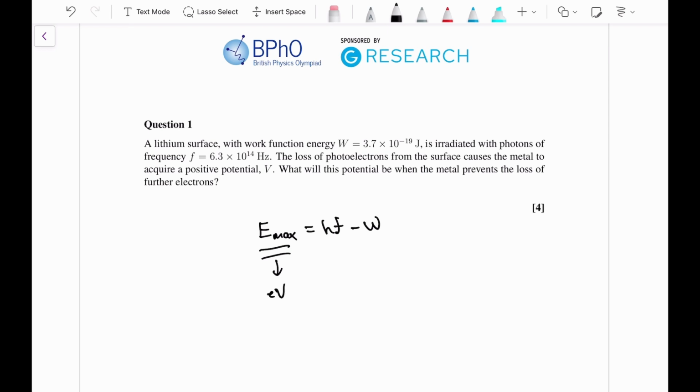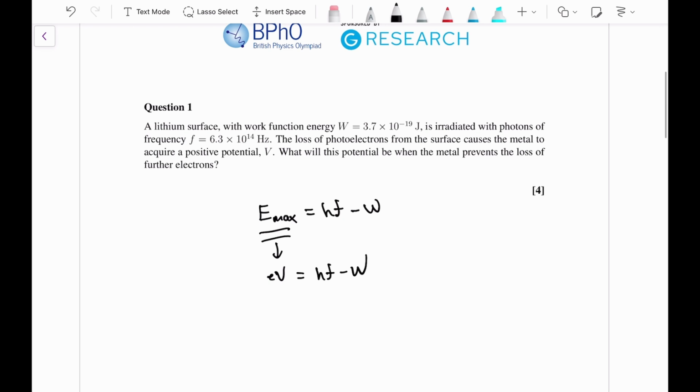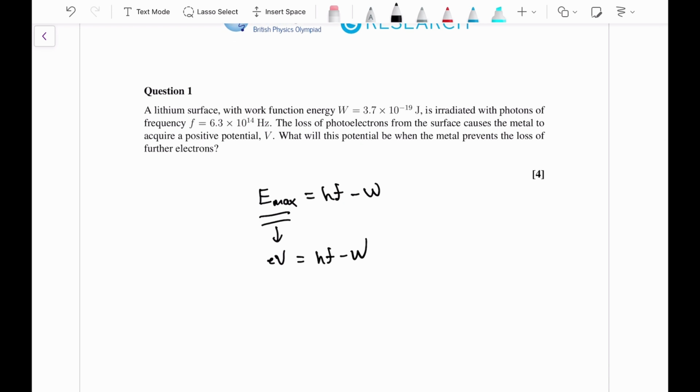That will be essentially the charge of the electron times the potential, which is the stopping potential. And over here we have hf minus W. From this, we know the charge of the electron, we know Planck's constant, we know the frequency, and the work function is given, so we can directly calculate the potential.